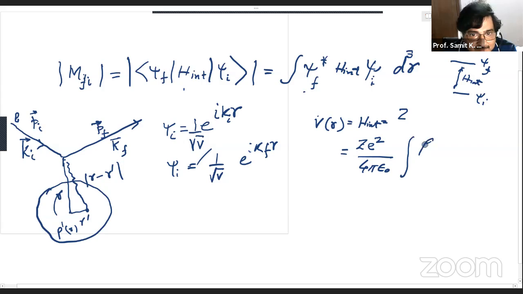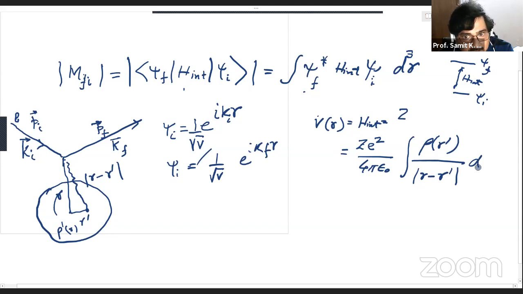I know the density rho of r prime, and the difference r minus r prime, with dq, because a few days ago we also discussed how the Coulombic interaction looks. So now I just insert this V value and also the wave function values here.